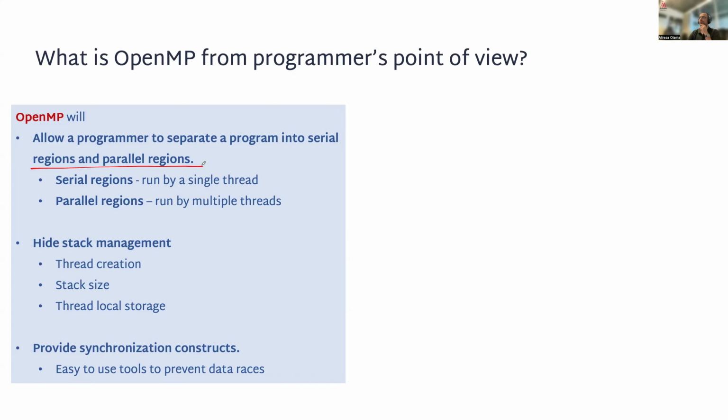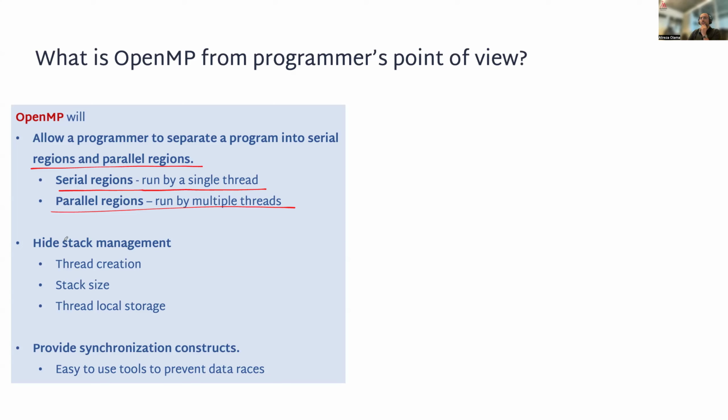We're going to have an example next week to show you exactly how you can turn a serial program into a parallel program using OpenMP. The serial regions in your program are run by a single thread, and the parallel regions are run by a thread team, or a team of threads, right?